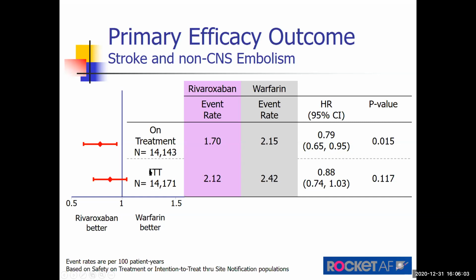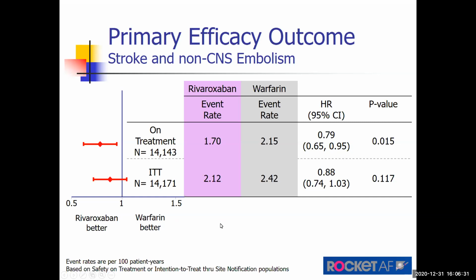But then they looked at the per protocol set, which they call on treatment. If you look at the difference, 14,143 versus 14,171, there's a difference of only 28 patients. And it made superiority, right? Hazard ratio of 0.79 with a p-value of 0.015.